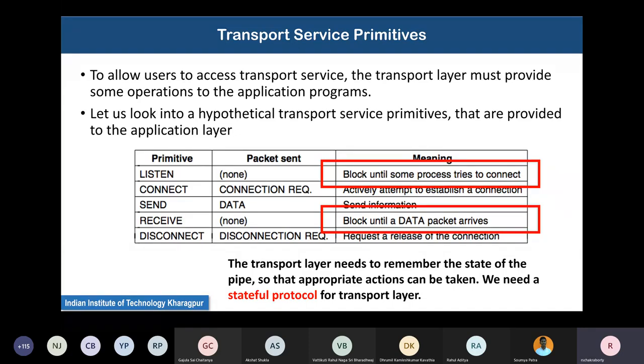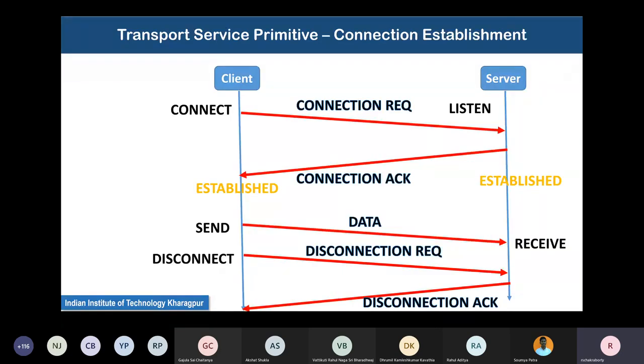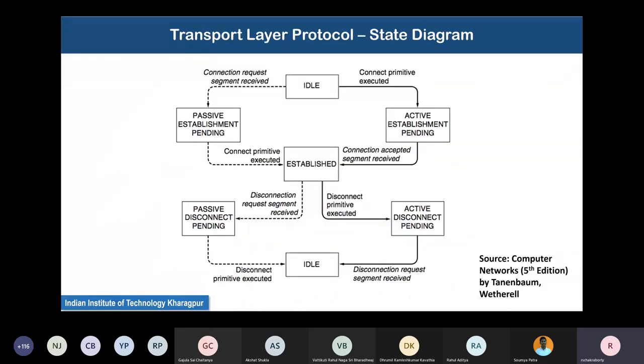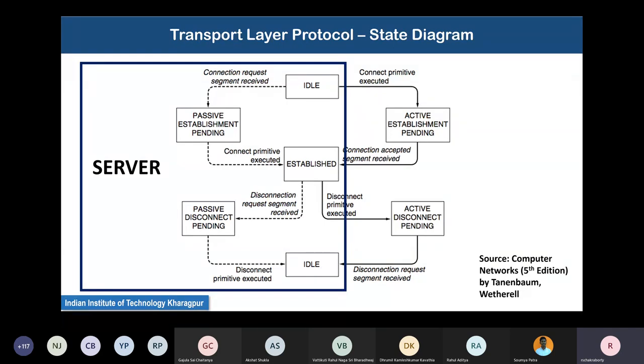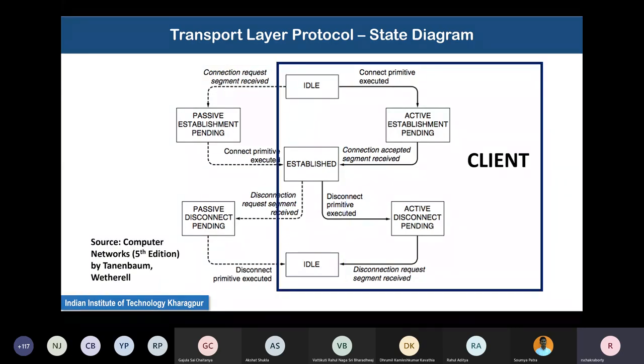Now the transport layer needs to remember the state of the operation: how much information has flowed, what is the current state of the connection, etc. So this is a stateful protocol. Anything that has a state usually can be described with a state transition diagram. In this diagram, the left hand part in dotted line is the server side of the connection, and the right hand side in solid line is the client side of the connection.